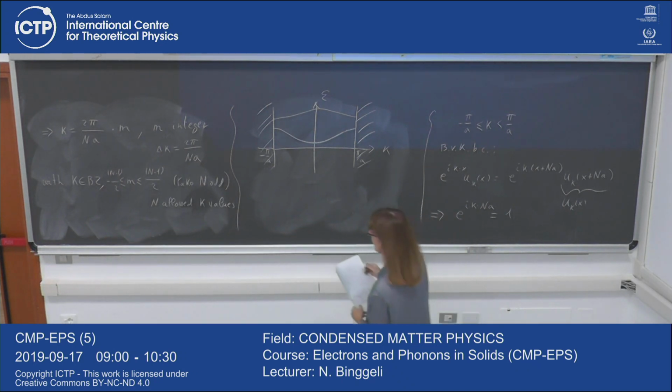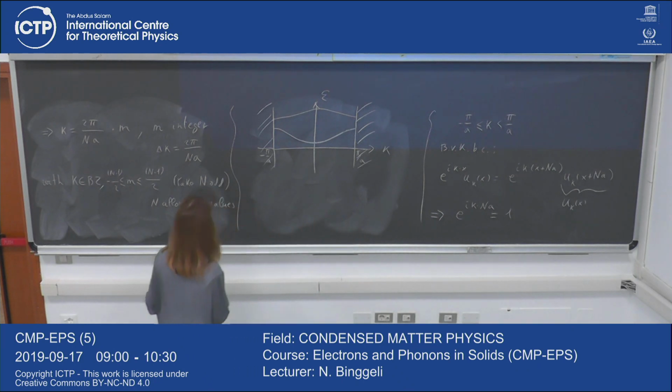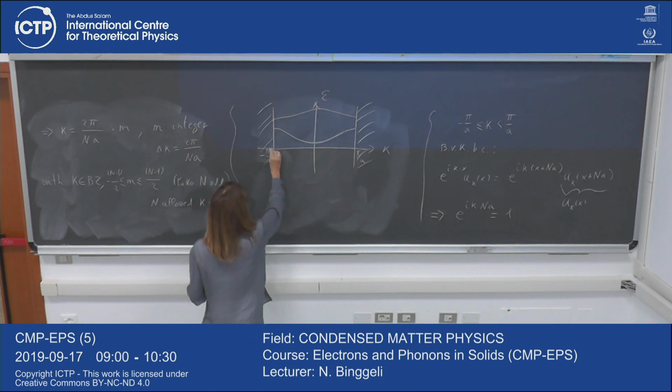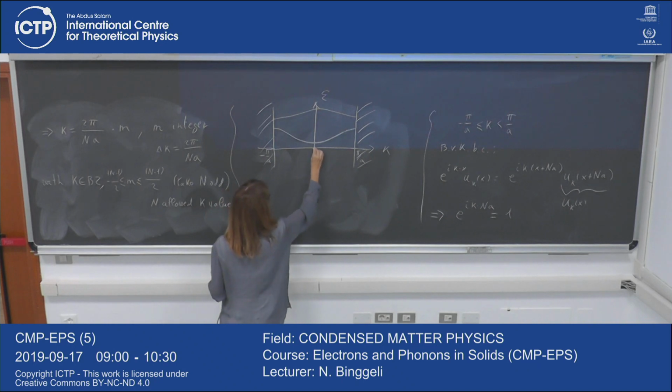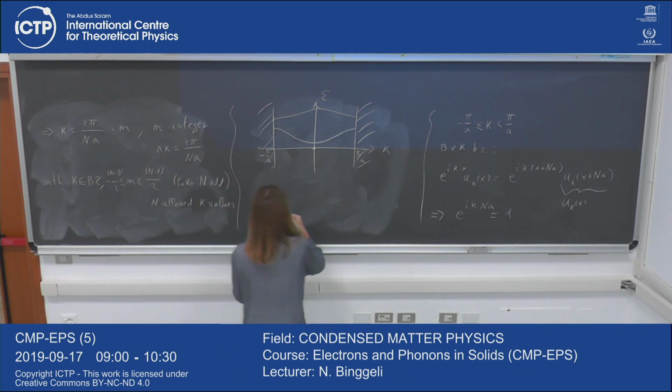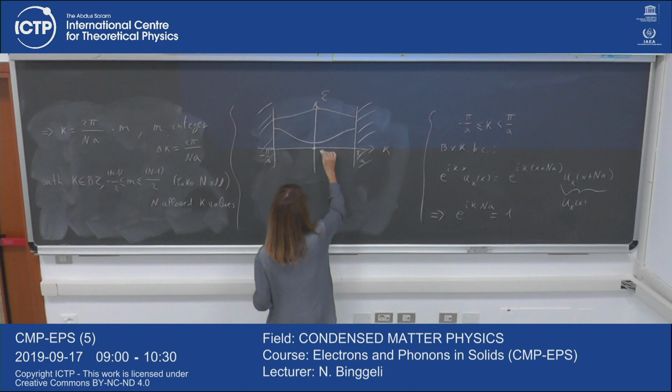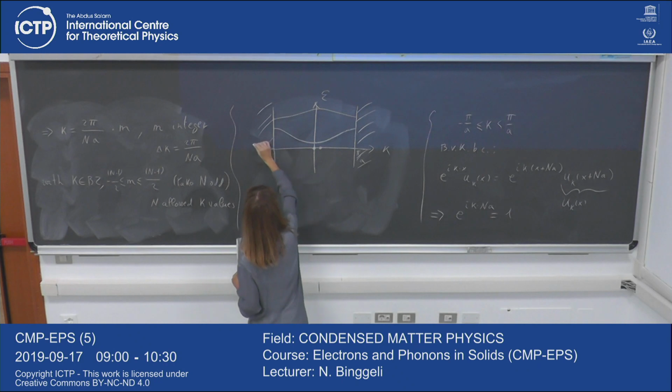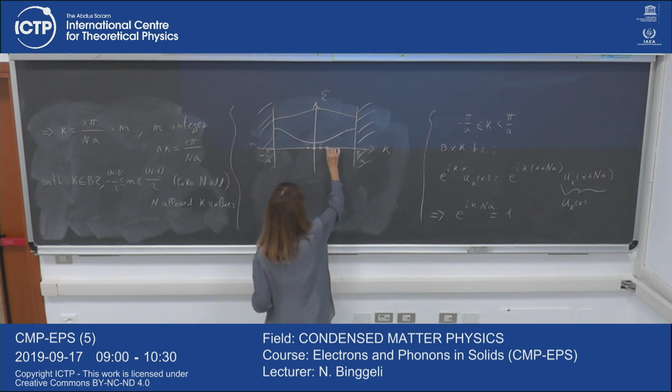Now my k values on this axis inside the Brillouin zone are going to be points here. So if I take n odd, I will have m equal to 0, m equal to 1 here. Let's say here I'm showing the corresponding m. So this would be 0, 1, minus 1, and so on.